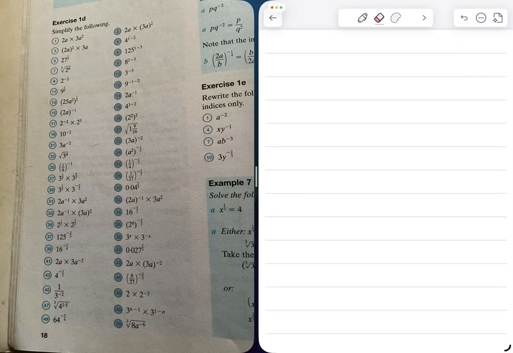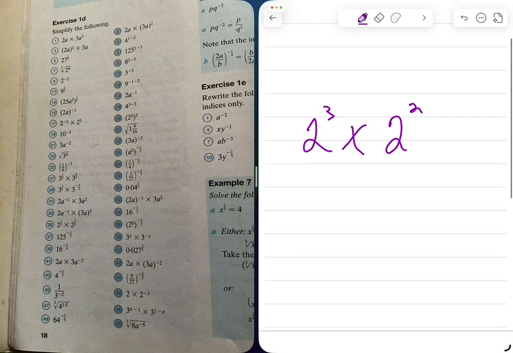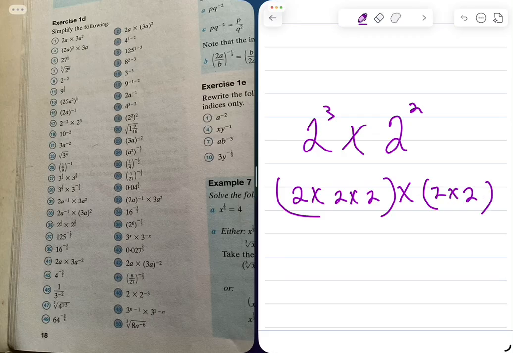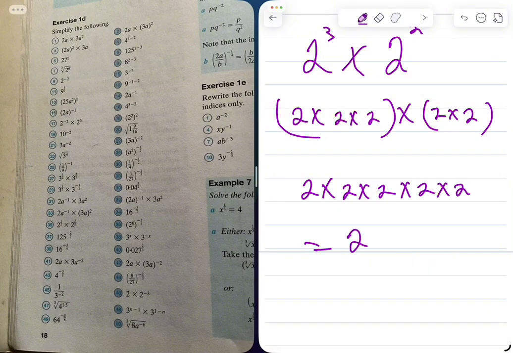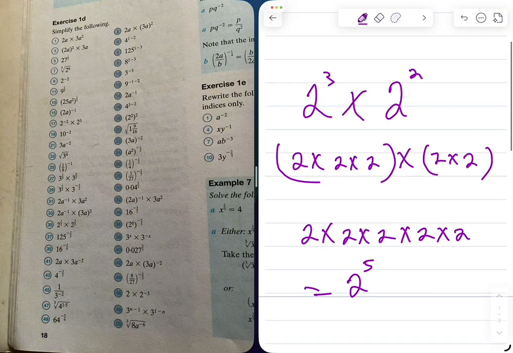These are laws of indices. Let's take them. We know that 2 raised to power 3 times 2 raised to power 2 is the same as 2 times 2 times 2 times 2 times 2, which means 2 raised to power 5.